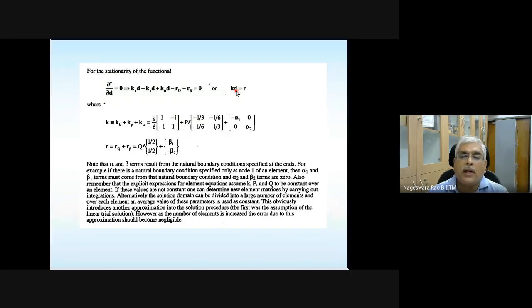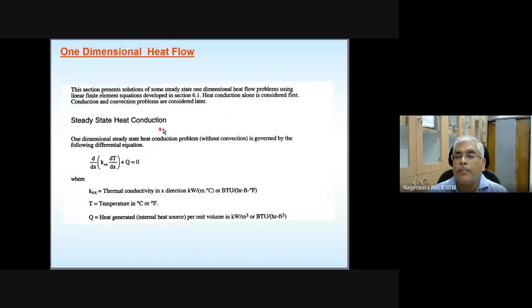Now let's see a specific application, the heat conduction problem. In the heat conduction problem, this is the governing differential equation. How this equation is obtained, you need to go back and see the concepts related to heat flow and other things, but we are not going to spend time on that. Just to show an application of this general boundary value problem, I have taken this.